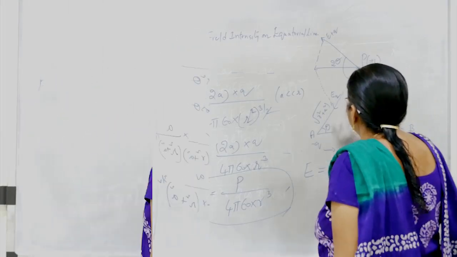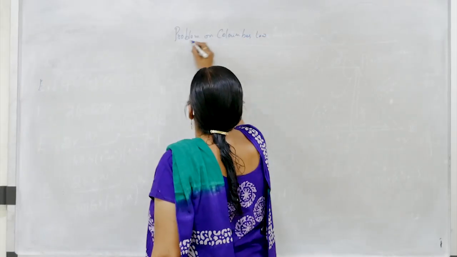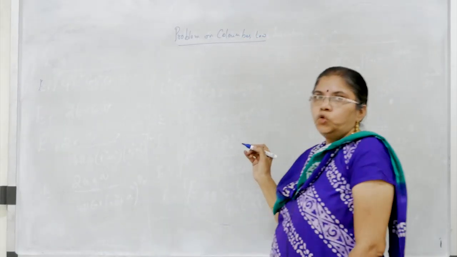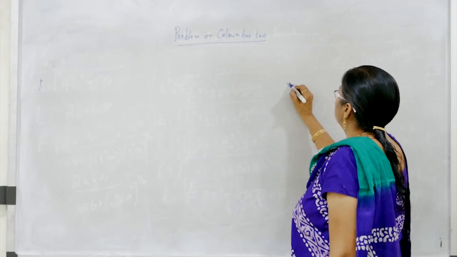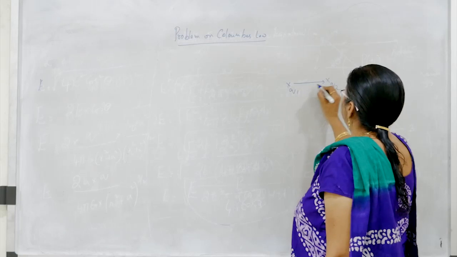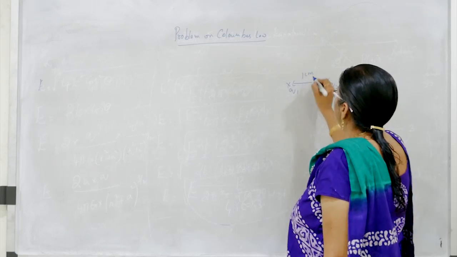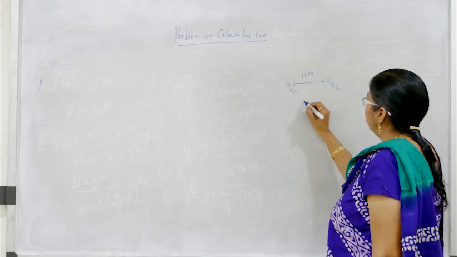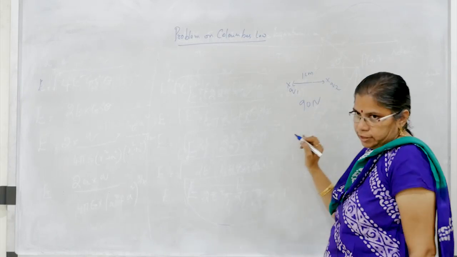The problem is: two charges Q1 and Q2 are separated by a distance of 1 centimeter and the force between them is 90 newtons.